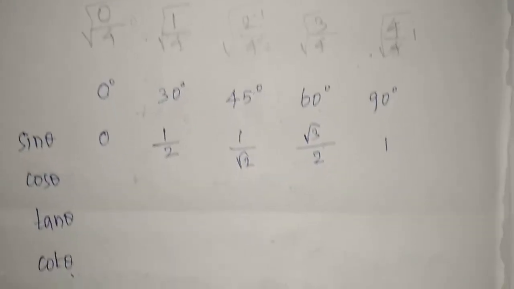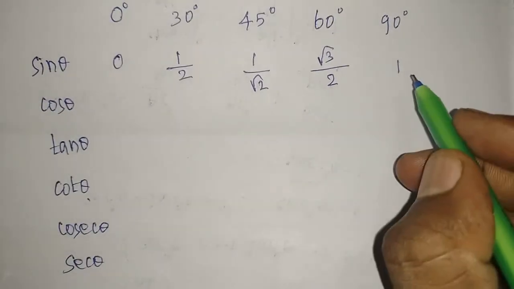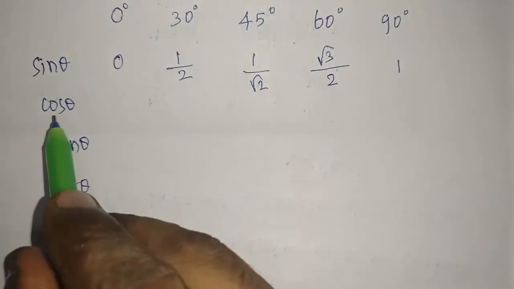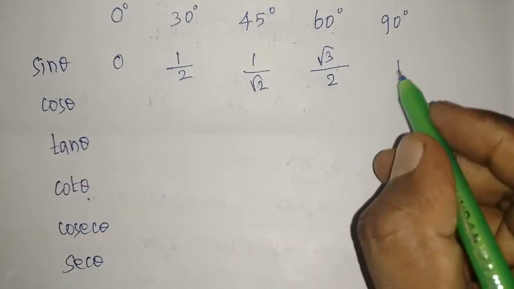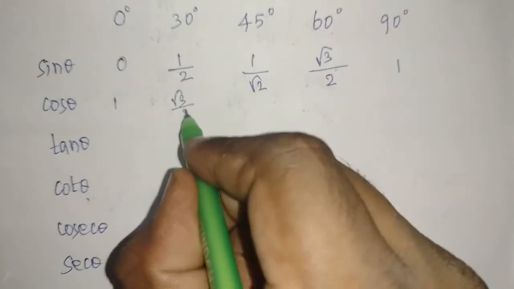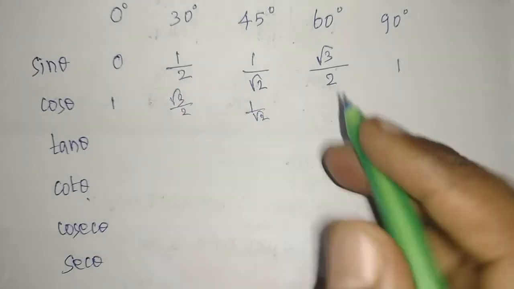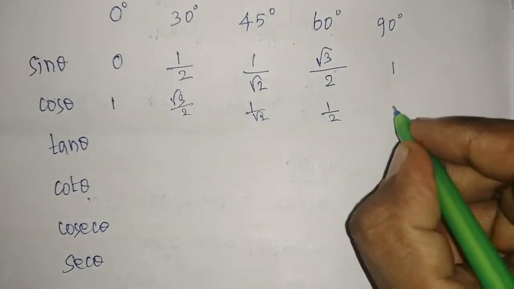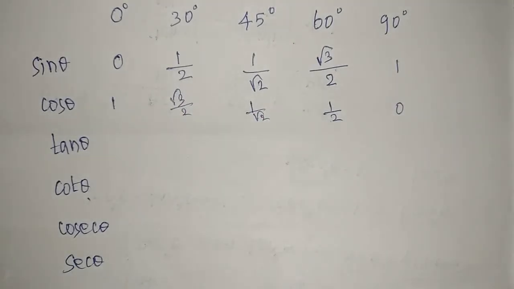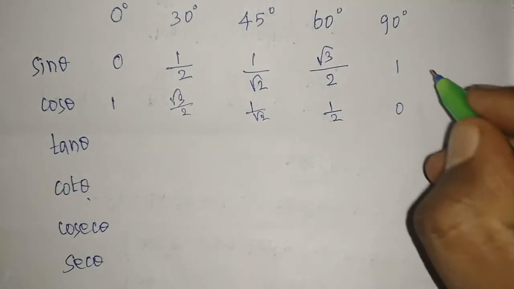Okay, let's do this. Just write this reciprocally, you will get the cos theta. Here I am writing root 3 by 2, 1 by root 2, 1 by 2 and 0. That's it. If you divide these together, you will get tan theta. Understand what we are doing?